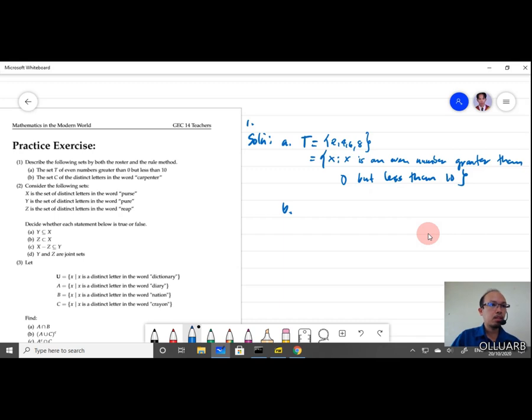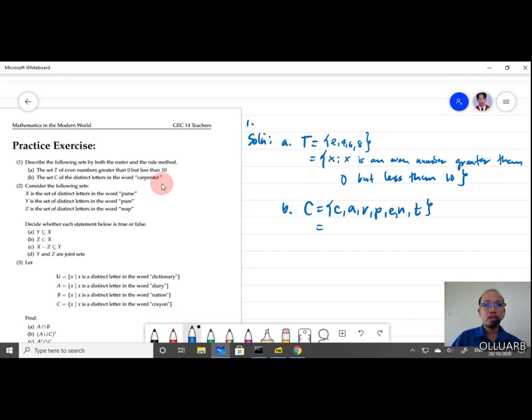So for letter B, for the roster method, the set C of distinct letters in the word carpenter. So we have distinct C, A, R, P, E, N, T. Okay, E and R are repeated.